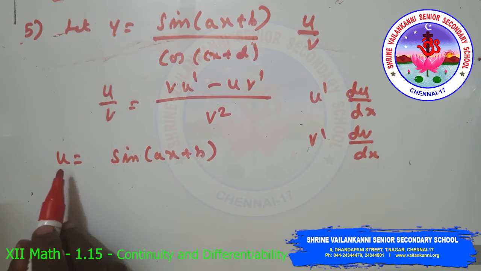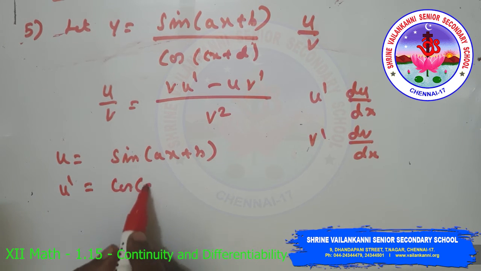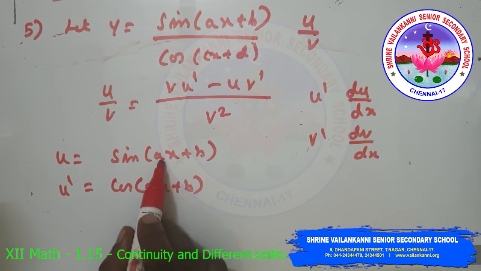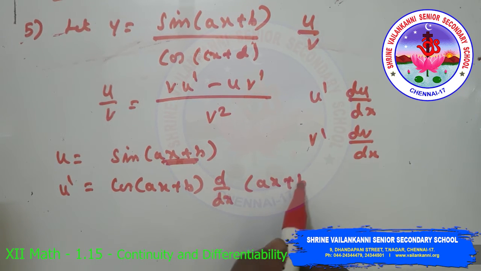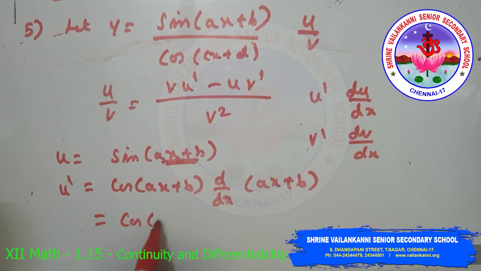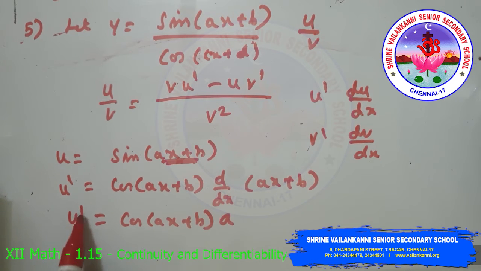So u dash, which is du by dx. Differentiating this, sine of ax plus b is cos of ax plus b, and again using chain rule, differentiating ax plus b, we get cos of ax plus b into d by dx of ax plus b, which is a. So u dash is cos of ax plus b into a.